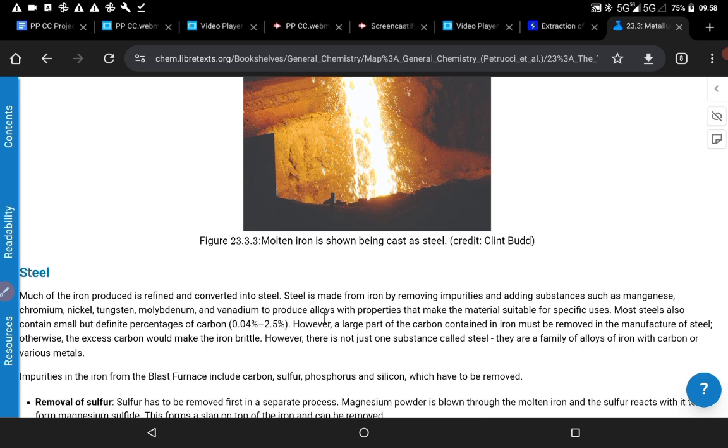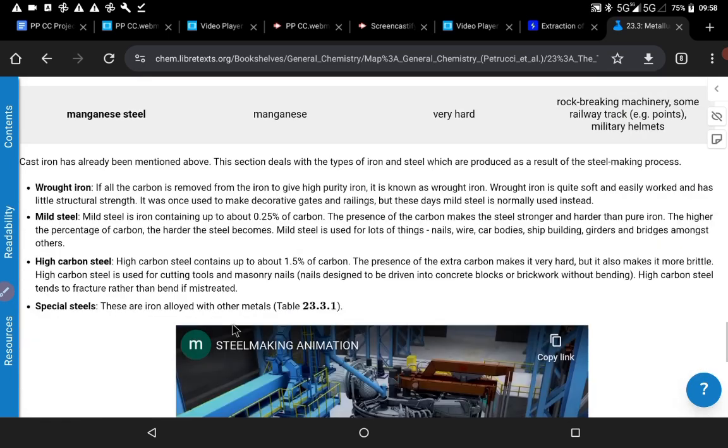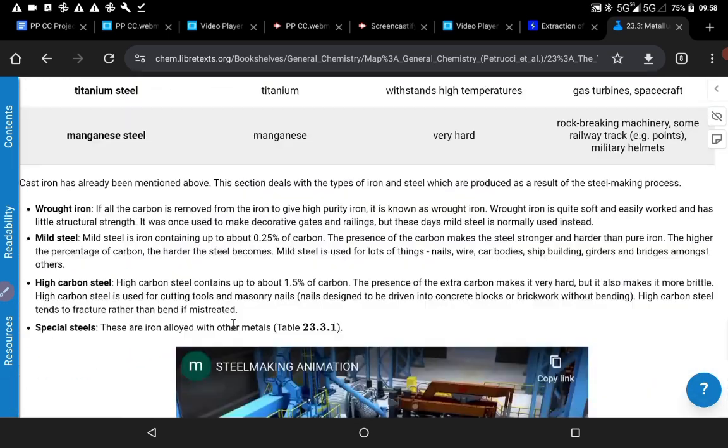But what I want us to look at is, talk about this first. The iron that we get from the blast furnace is called cast iron. Now this cast iron has a percentage of carbon. Once it is burnt in oxygen, it is transformed into what we call wrought iron.